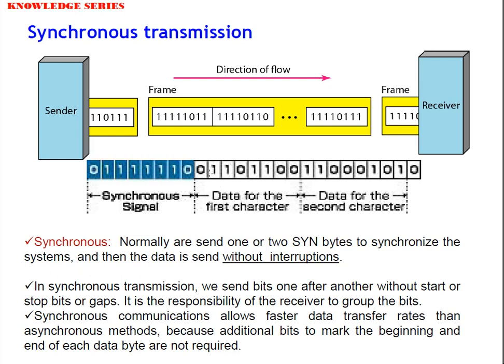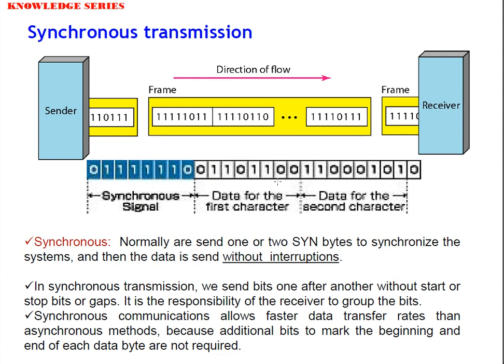Here you see the first character, the 8-bit data. There is another 8-bit data, and along with these two data characters, another synchronous signal is sent. After that, the next data will be sent.